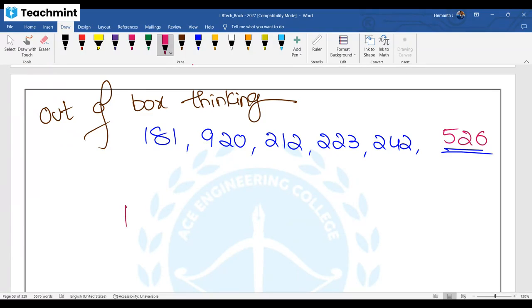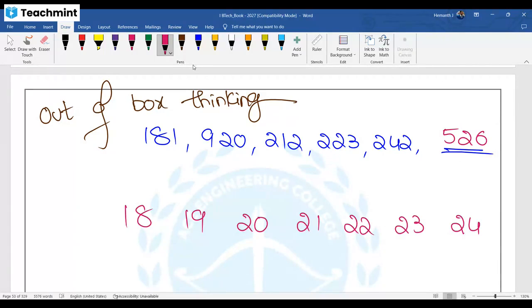It's simple. 18, 19, 20, 21, 22, 23, 24, 25 and 26. This is the power of logic, my dear. Out of box thinking.